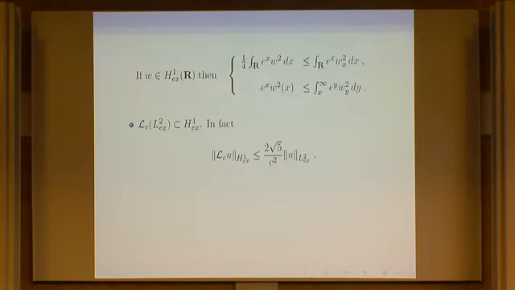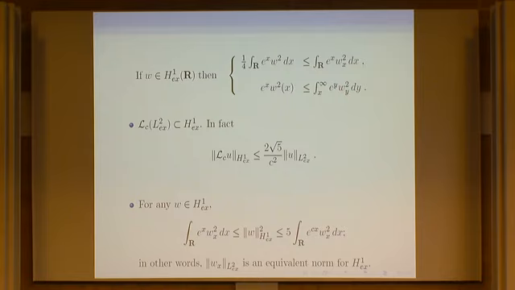Firstly, let me just mention some good property of this function space. We have some kind of Poincare type inequality, and also we can get some kind of Sobolev embedding like this. Therefore, you can easily show that if you have a function u and you take the operator L_c on u, you have such kind of estimates.